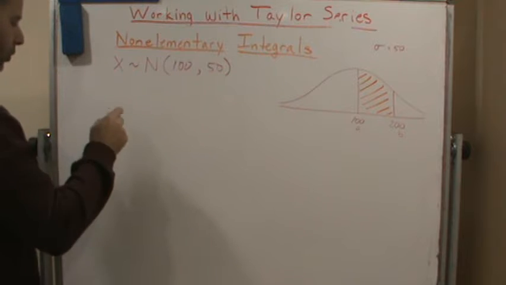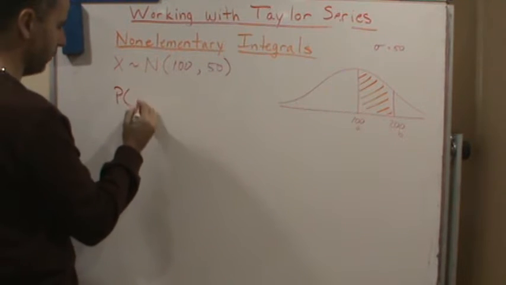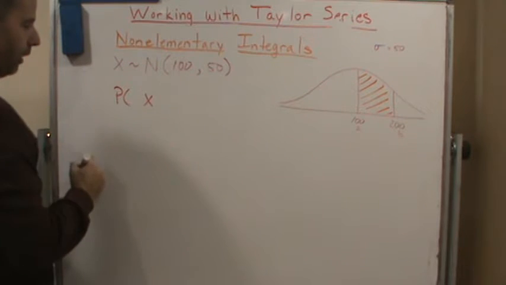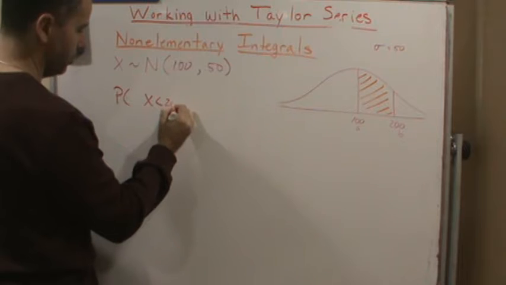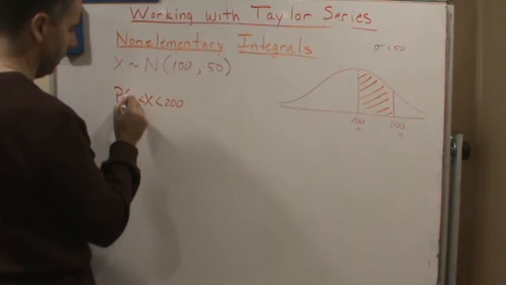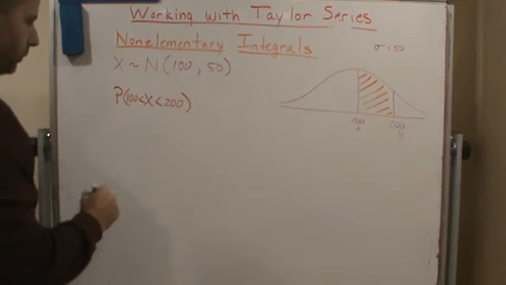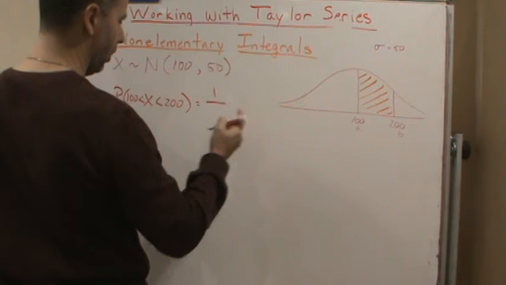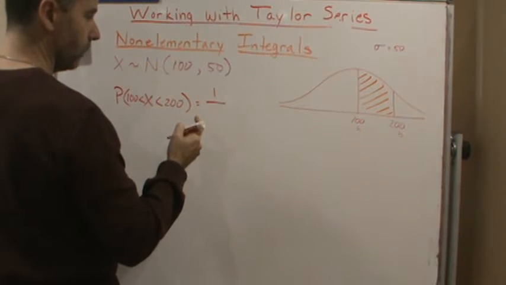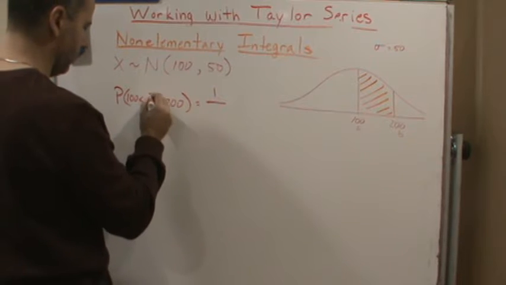So we're going to write out the formula. We want the probability that a randomly selected test score is between 100 and 200.